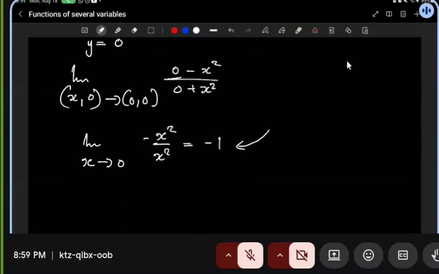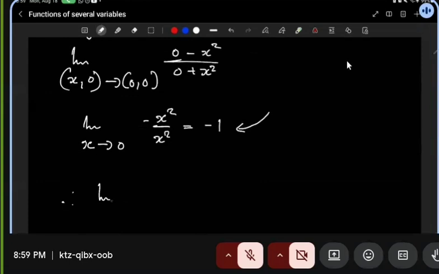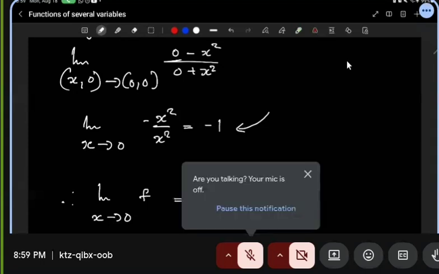So, since the limit as x approaches 0 is not equal to the limit as y approaches 0 for the function, the two are not equal. The limit does not exist.